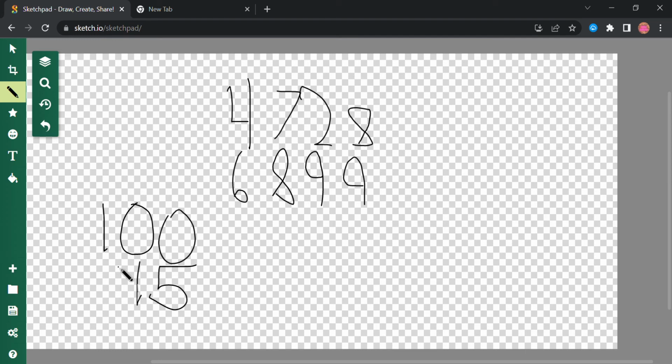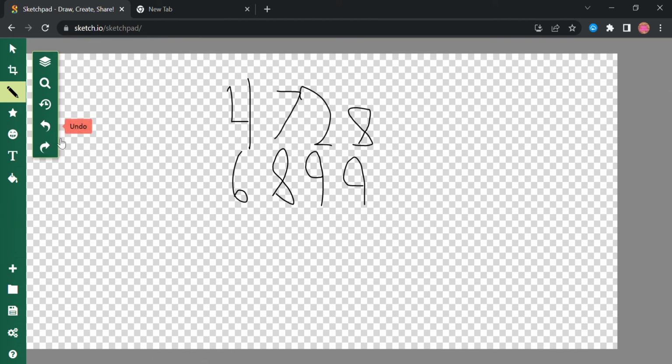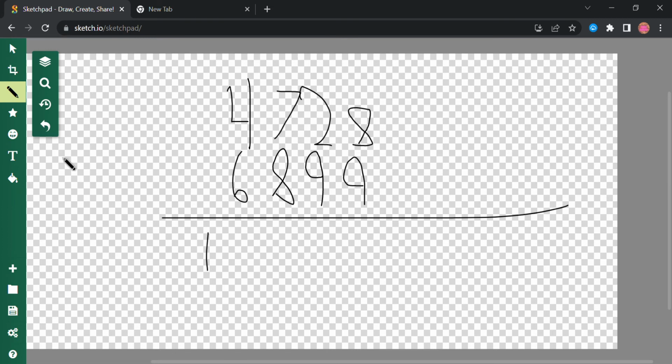Make the 10 times that. And then 15, and you get 115. So then once you have 115, put your 115 down right there.